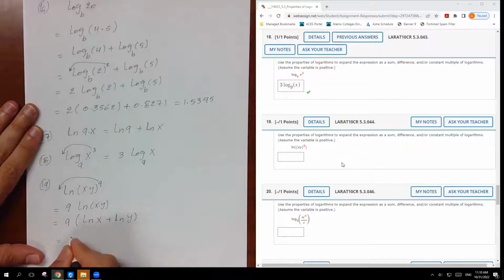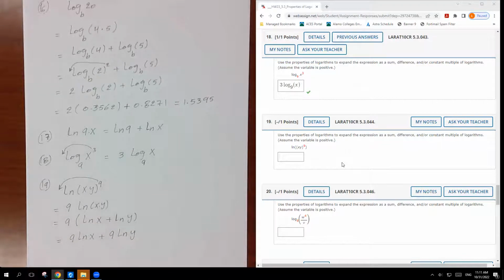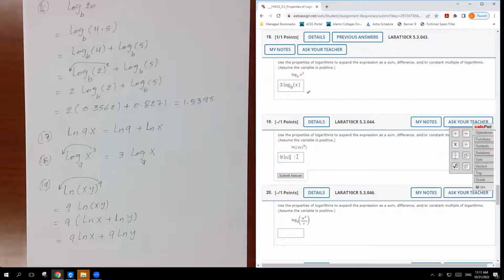That means this one is going to be 9 ln x plus 9 ln y. Because we're going to use the product property on the xy, then you have to distribute the 9. So here it is 9 ln x plus 9 ln y. Close the parentheses. That's it for this example.